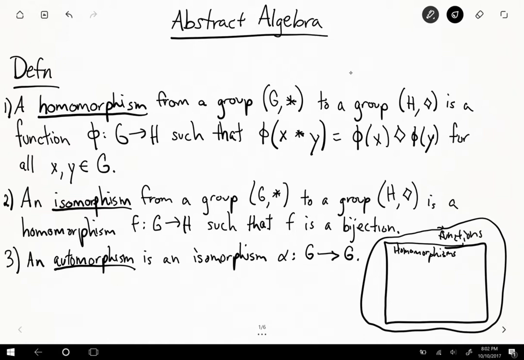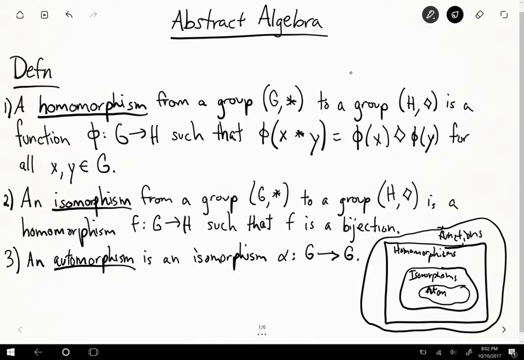Inside the homomorphisms, we have a smaller blob, and that would be the isomorphisms. A very special type of homomorphism is an isomorphism. And then on top of that, you have another smaller blob. A special type of isomorphism, when we send it from a group to itself, is an automorphism.